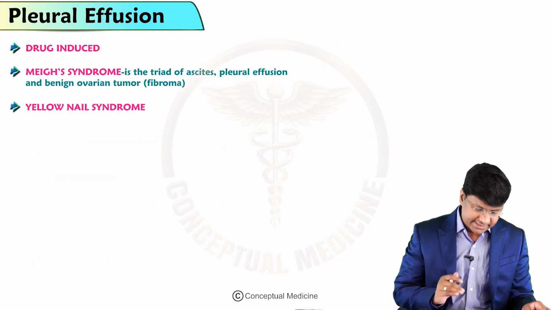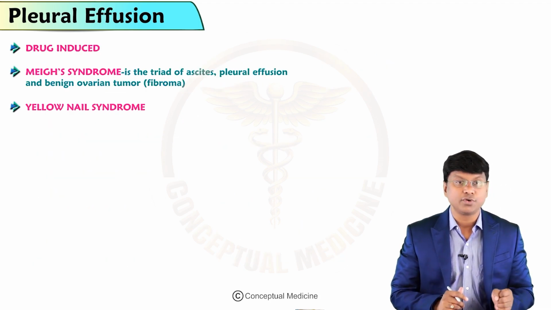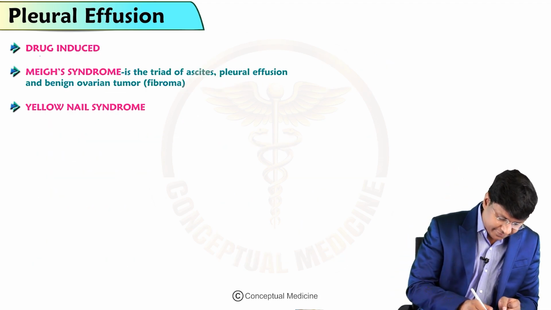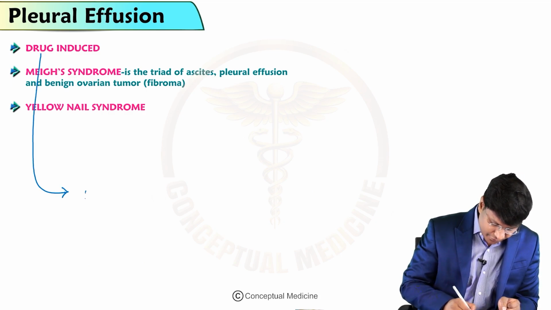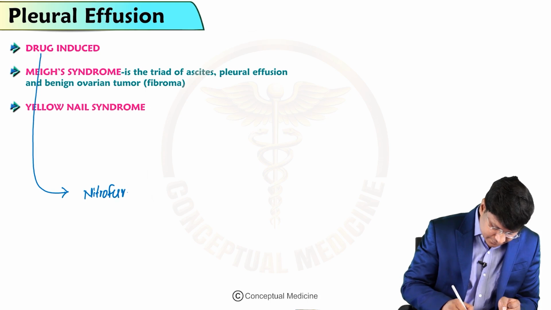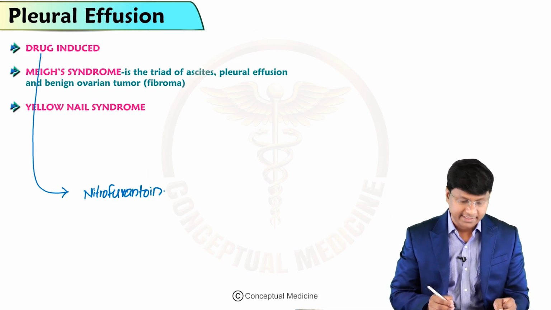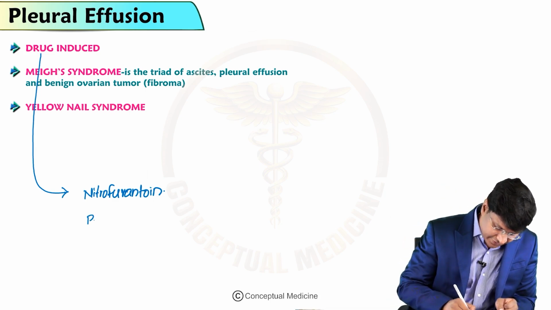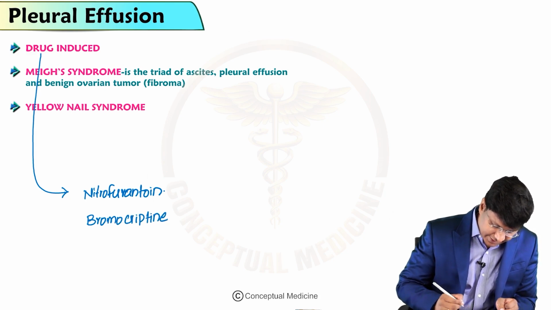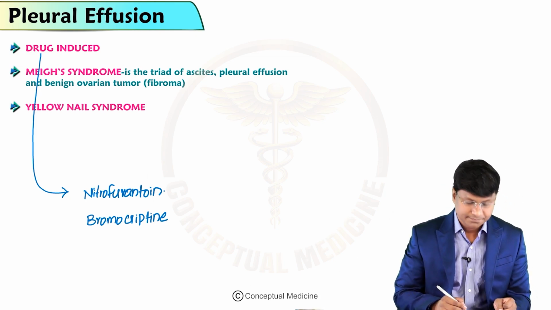Then next is the drugs. The drugs which will contribute to the development of exudative type of pleural effusion are nitrofurantoin, an antibiotic used in the treatment of urinary tract infection. And then we have bromocriptine, a dopamine agonist.